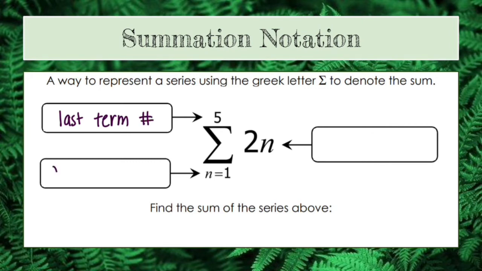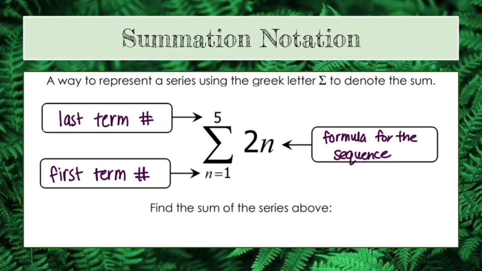The bottom number is the first term number. And then the stuff to the right is the formula for the sequence. Because remember, the series is a sum of a sequence. So we have to be able to find the sequence in order to add it together.